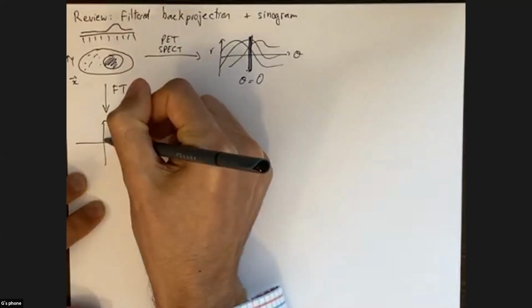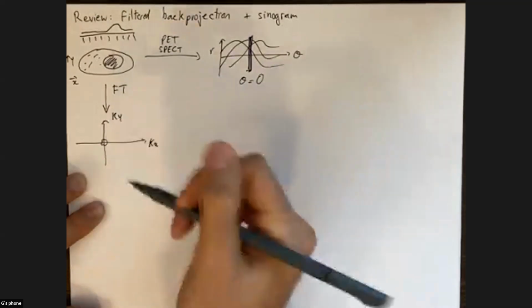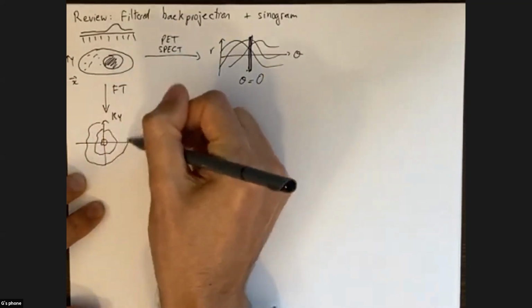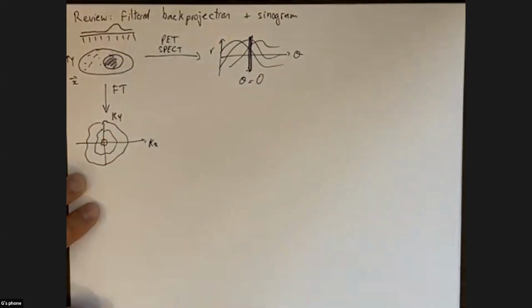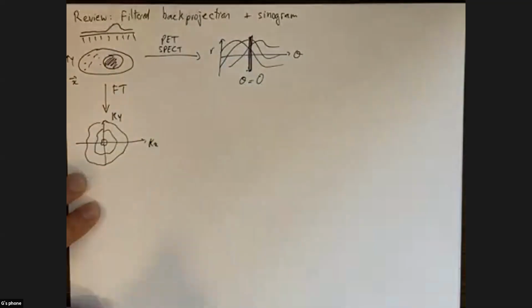In the center we have the low frequency component, the DC term, the 0 frequency. The spectrum is symmetrical in 2D, and as we go away from the center, it's the high frequency component.